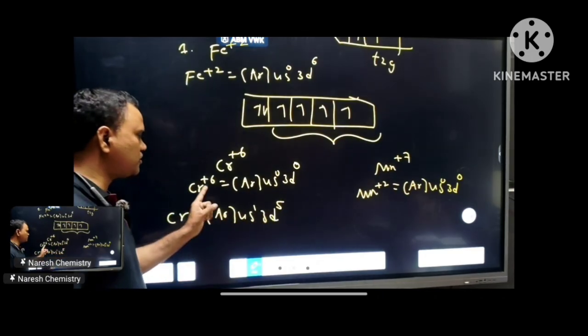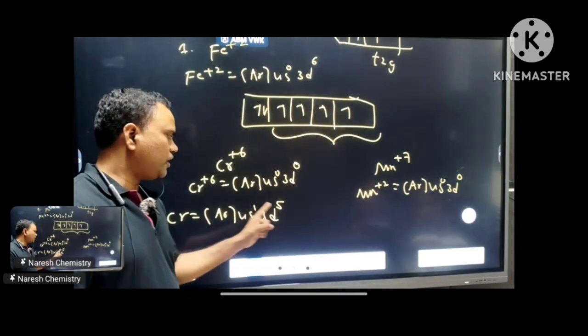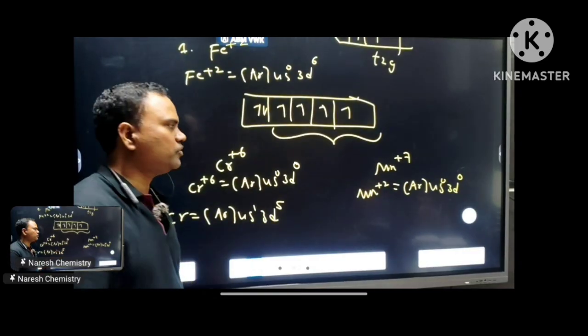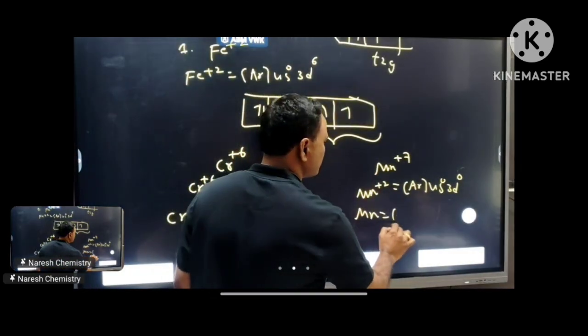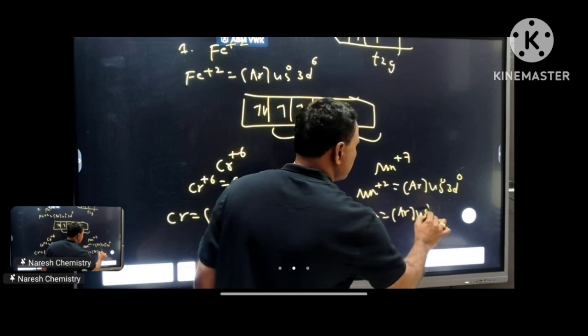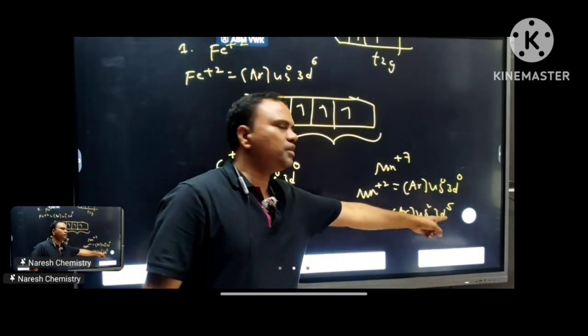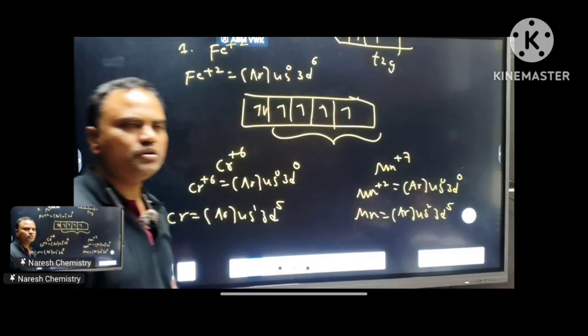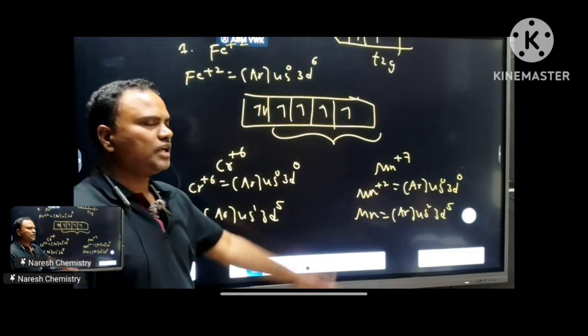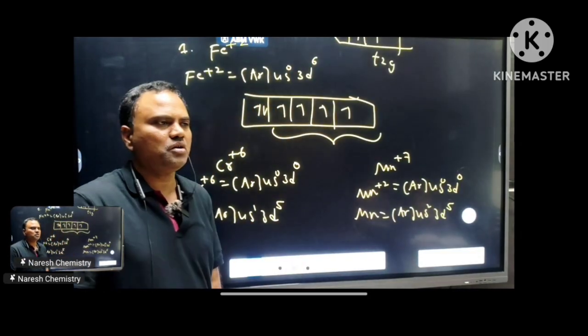We have to remove 6 electrons, 1 here and 5 here. All electrons are removed. Manganese configuration is argon 4s2, 3d5. We have to remove 7 electrons, 2 here and 5 here. Is there any electron in the d orbital? No.